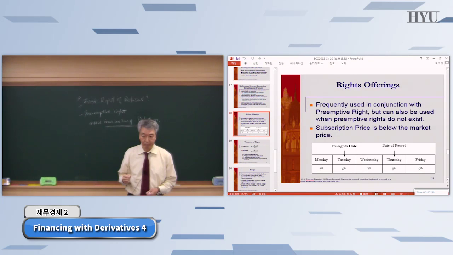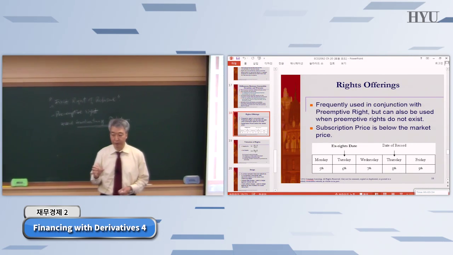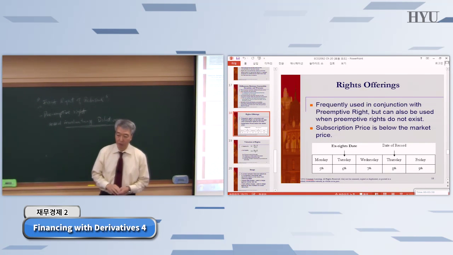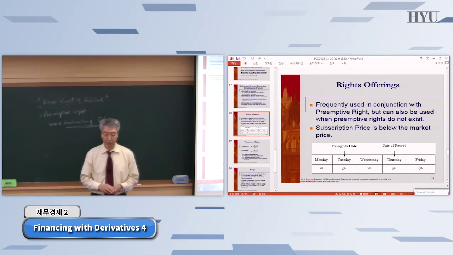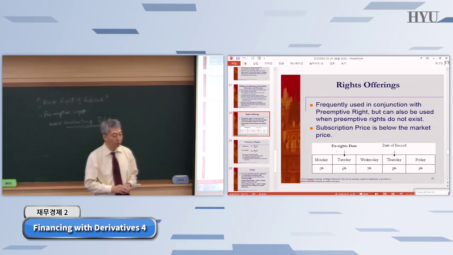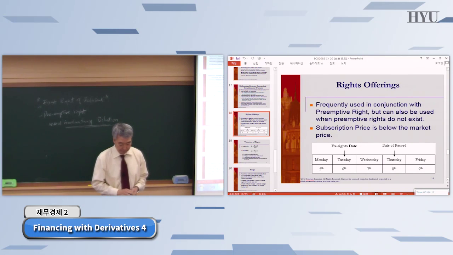So, in order to protect the proportion of existing shareholders, right? Say, in order to purchase one new share, you need to have 10 existing shares, something like that, right? So every 10 shares you hold, you can purchase one new share. Right? That's the idea. Yeah?